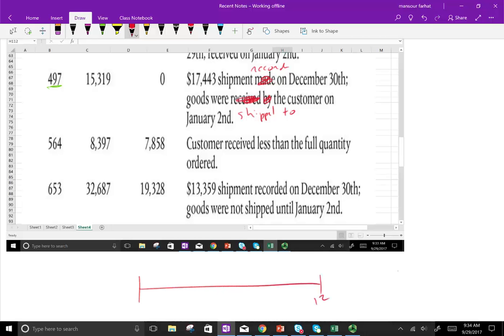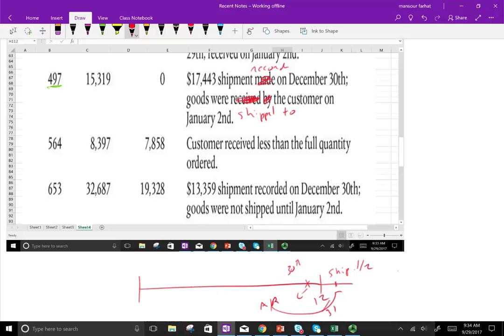This is 12/31. We recorded the shipment here. The shipment did not take place until here. So we recorded the account receivable on the 30th of December, but we shipped on January 2nd, therefore the account receivable should be moved up here.